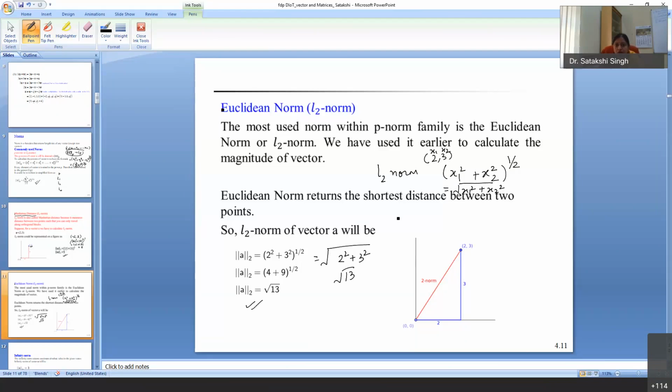So the L2 norm is the shortest distance between the 2 points. If you want to find the L2 norm of some point, you will find the shortest distance from the origin to this point. Obviously we know that this is nothing but this square plus this square, under root of 2 square plus 3 square. So that is why the Euclidean norm is defined in this way.